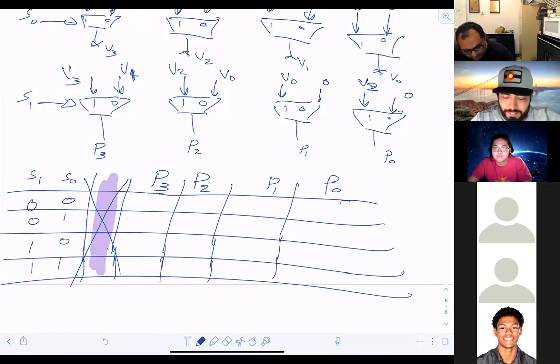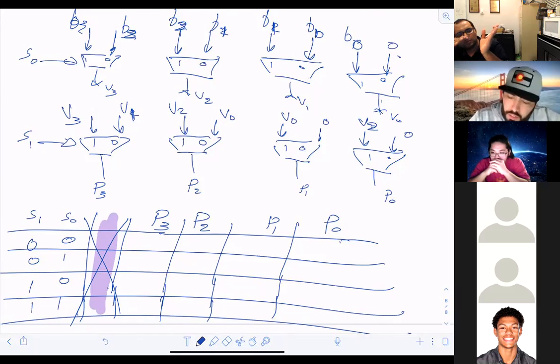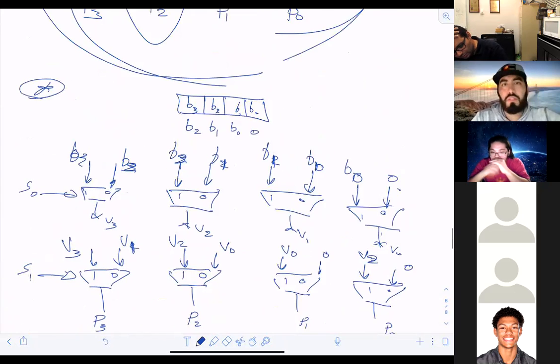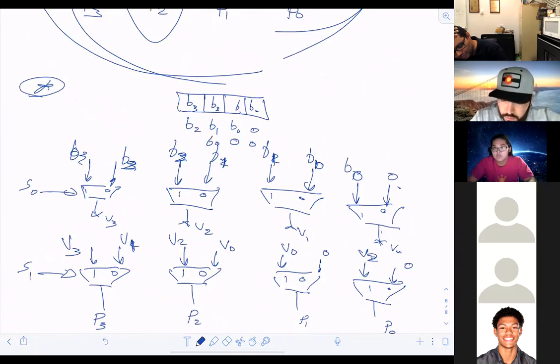So if it's 0, 0, let's see what will happen. 0, 0, that means they're going to be 0. And they're going to be 0. So wait, when you push 0, 0 like this, and then here B0, here B1, right?